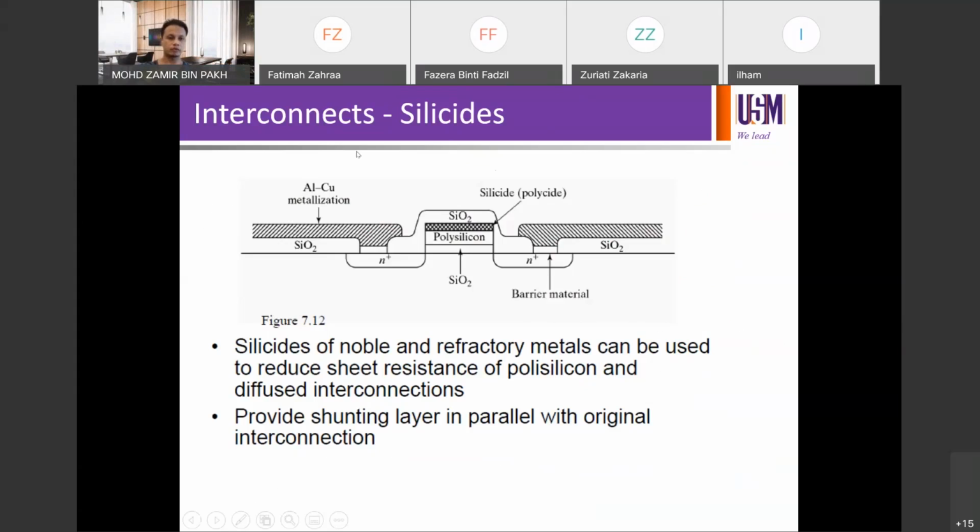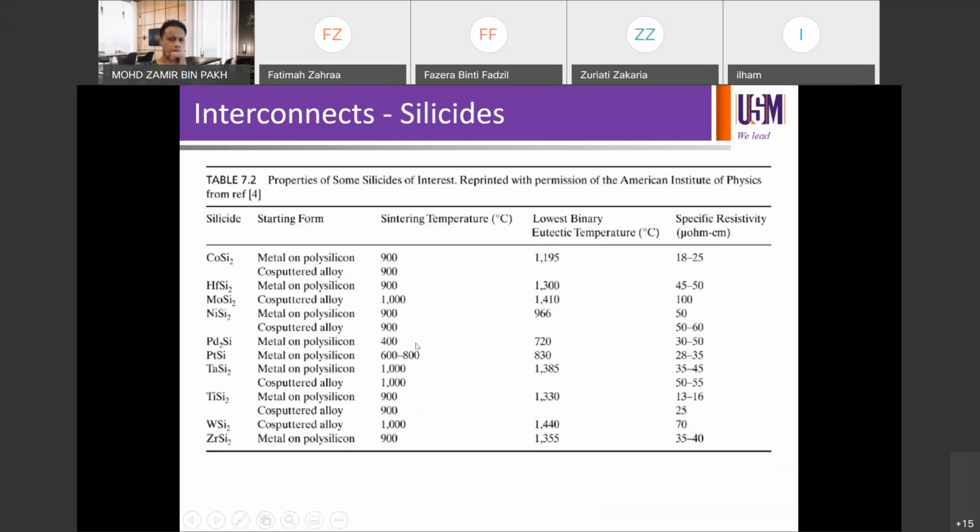You can look at this diagram up here. Your silicide is on top of your polysilicon before it is connected to metal, so it provides a shunting layer in parallel with the original interconnection. So this is among the silicides that we can choose from.